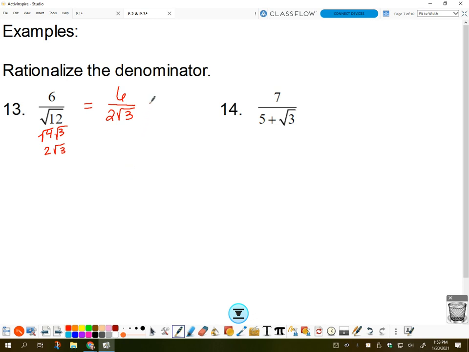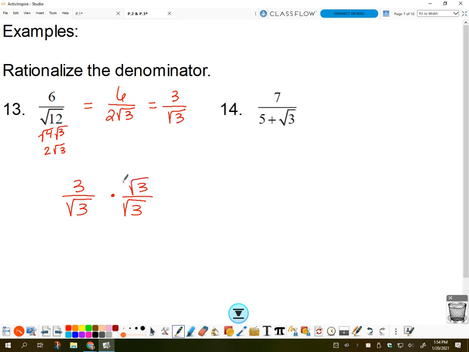Well, then you can notice that you have 6 divided by 2. So you divide that 2 into the 6, you got a 3 on top and the square root of 3 on bottom. All right, so now comes the rationalizing part. If I take this 3 over the square root of 3, to rationalize, I multiply the numerator and the denominator by that radical that was in the denominator.